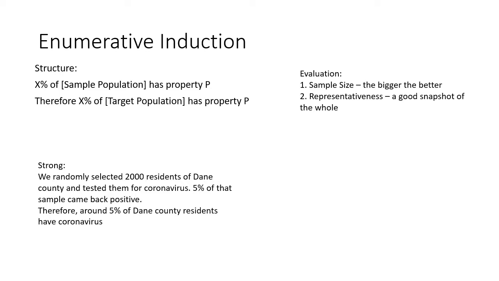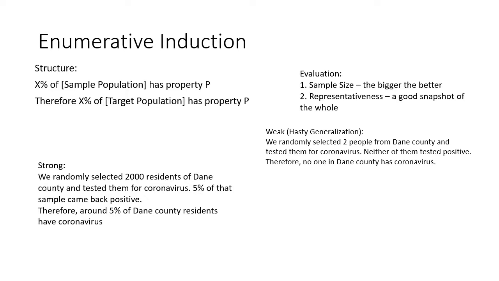And that can go wrong in a couple of ways. One way is that your sample is too small. We've discussed this in chapter 5. This is the hasty generalization fallacy. So suppose we randomly select only 2 people from Dane County, test them for coronavirus, and neither of them have it.